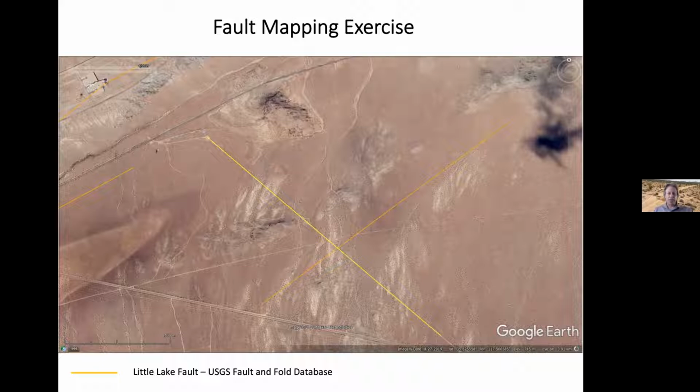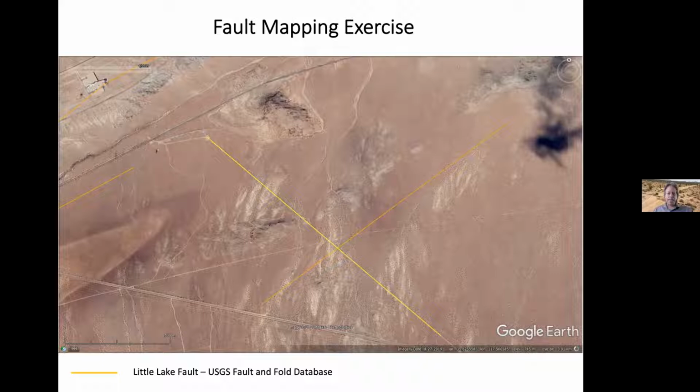But this is in the Ridgecrest area, and so this is an image just showing the desert, and in yellow is our gas line. It's part of our gas line that serves the town of Ridgecrest. And then in orange are faults that have been mapped by the USGS fault and fold database.